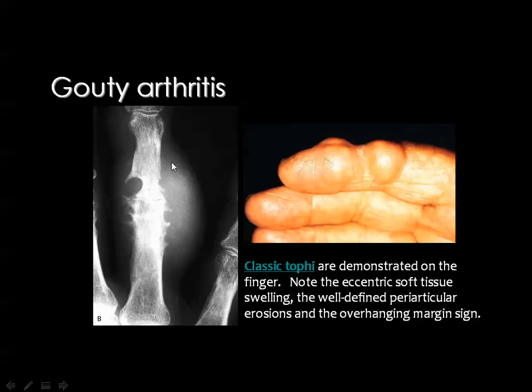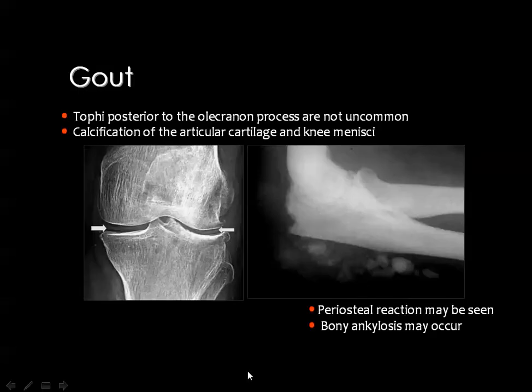The joint space is narrowed, and you see huge periarticular soft tissue swelling, as you can see in this example also. Then gout may deposit crystals near the olecranon, and this is one of the known sites of crystal deposition in the upper limb.